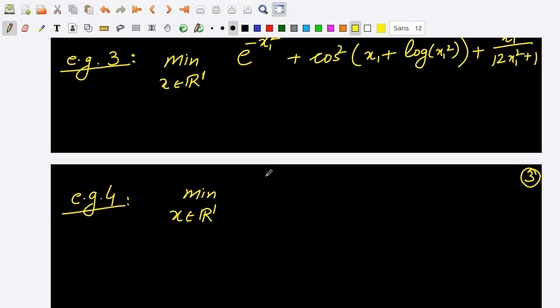This is an absolute value of some linear term divided by another absolute value. So again, like example 3, it's not very obvious how this function looks and where the minimum could be.